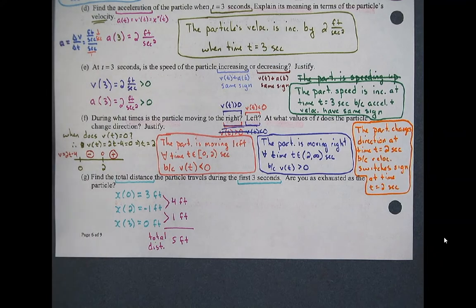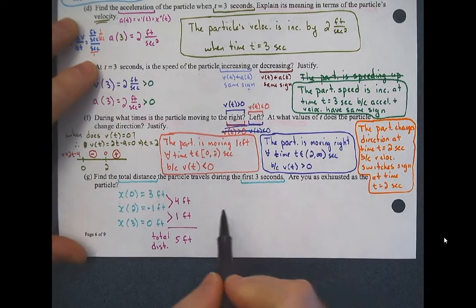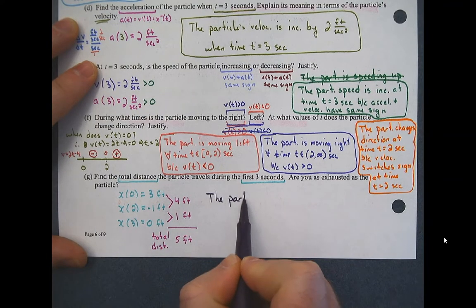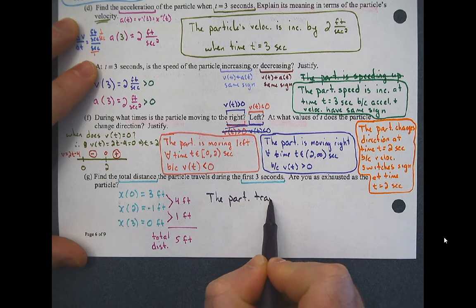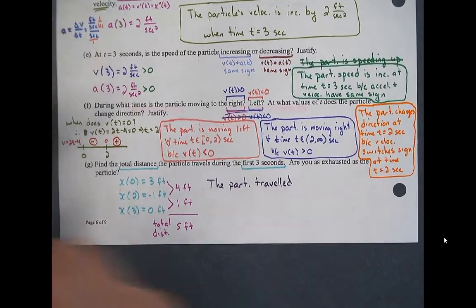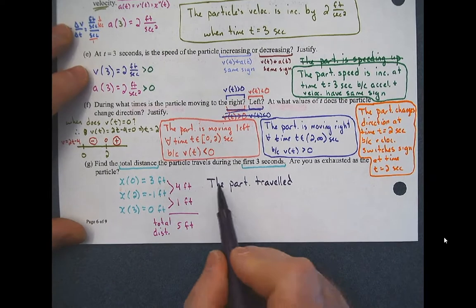So our write-up would be: the particle traveled, is it 2 L's or 1 L? I never know. Actually, I'm going to look, never mind. We can look it up later.